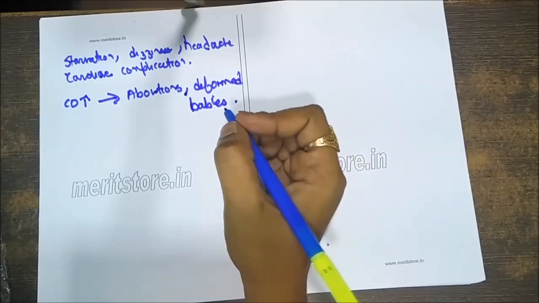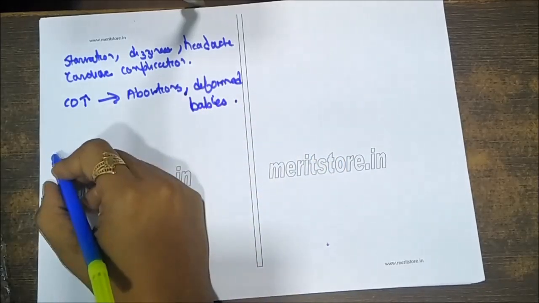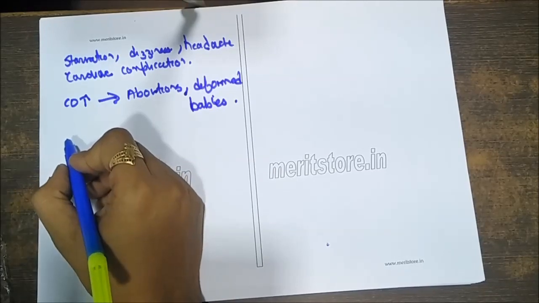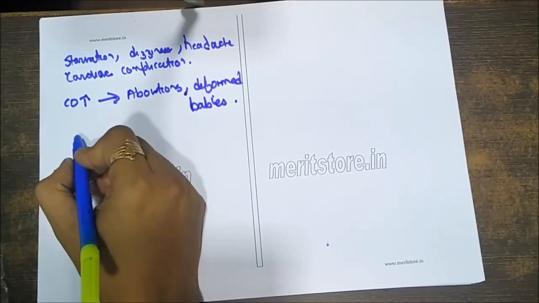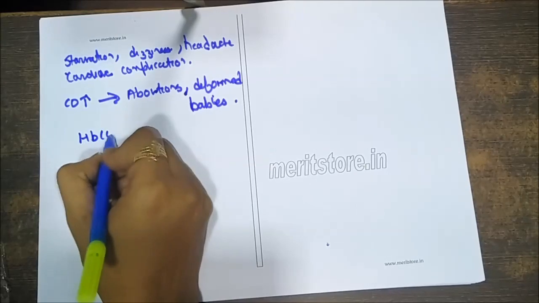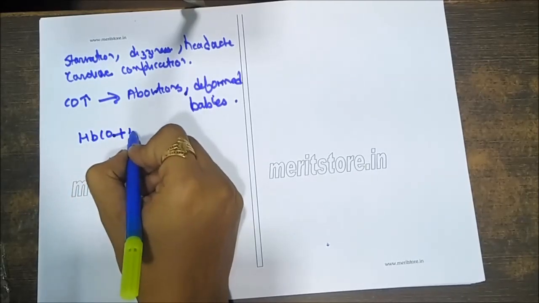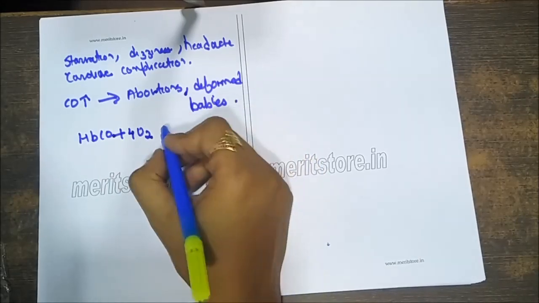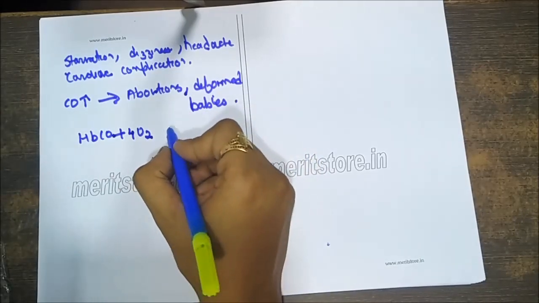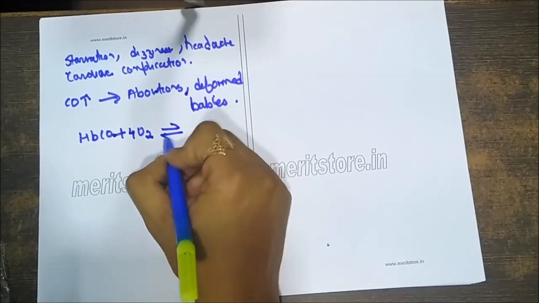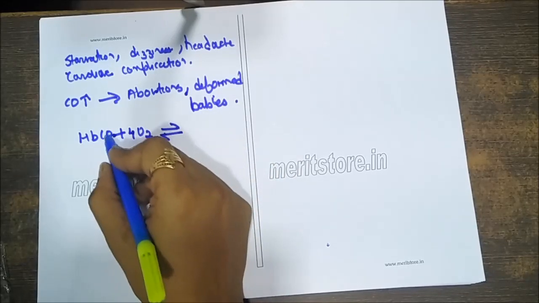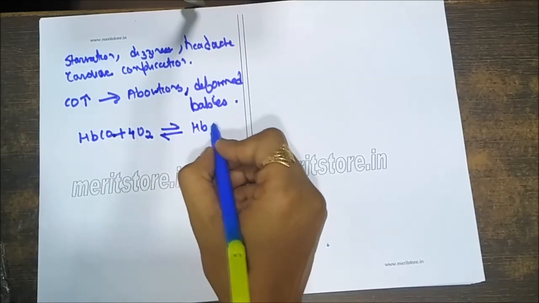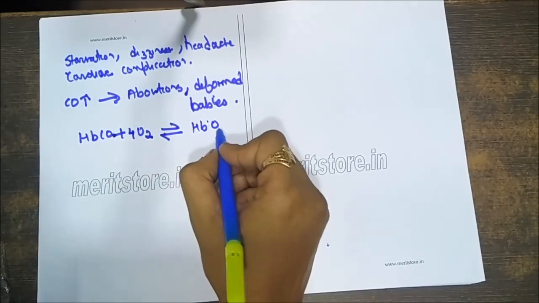All right. Now, how can we treat this reduced capacity of hemoglobin to carry oxygen? See, if we expose the patient to a high level of oxygen at a high pressure, which is 2 to 2.5 atmosphere, the CO from hemoglobin will be removed and it will be replaced by oxygen to again form oxyhemoglobin.